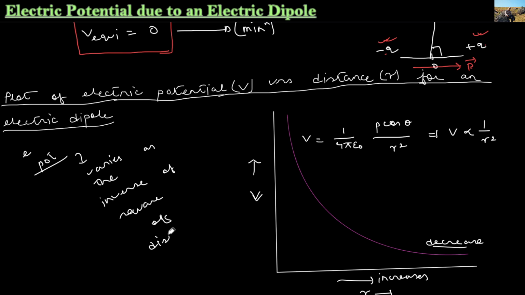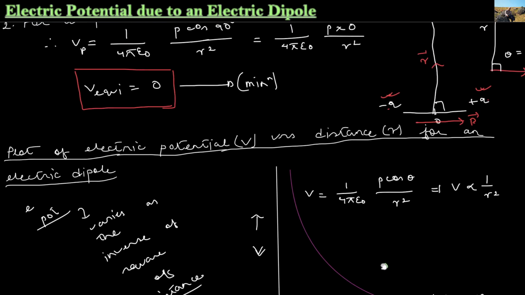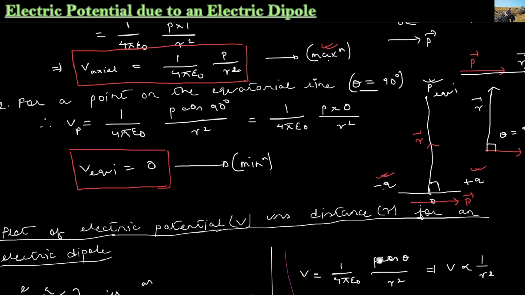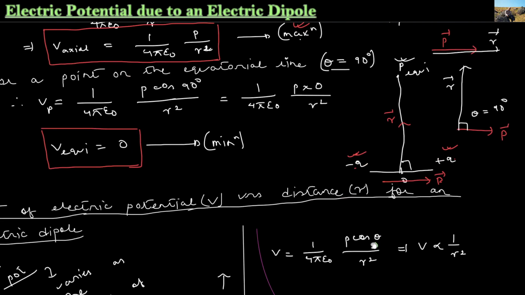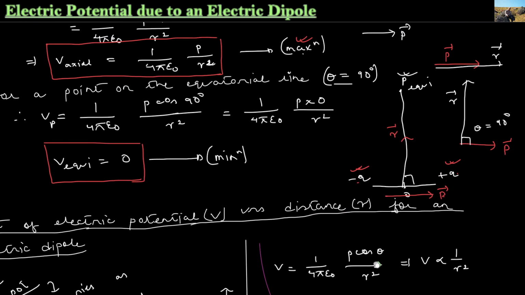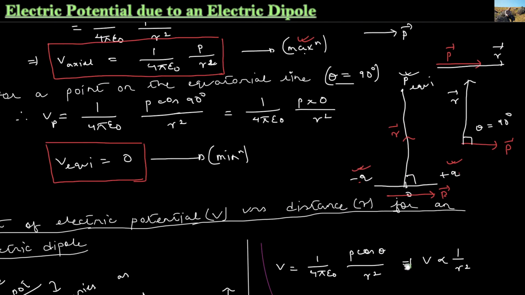This derivation is important from the examination point of view. We will just review the rest of the discussion so that you understand the key features pertaining to this. Until we meet again, thank you.